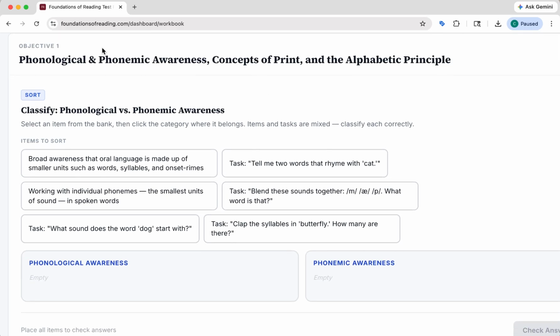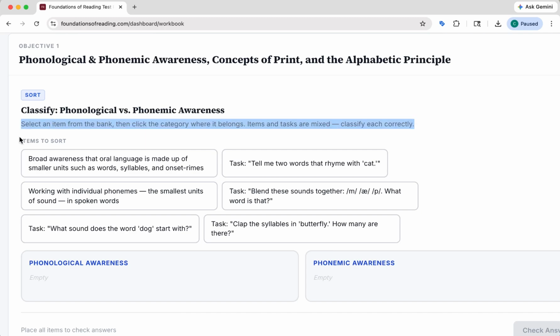All right, let's begin, starting first and foremost with Objective 1 of Chapter 1 of the Foundations of Reading exam. Note here that our test prep exactly aligns with the same principles and exam competencies listed on the official exam framework. So Objective 1 is all about phonological and phonemic awareness, concepts about print, and alphabetic principle.